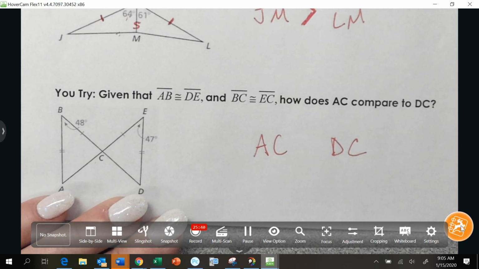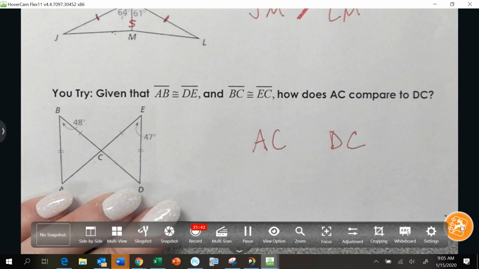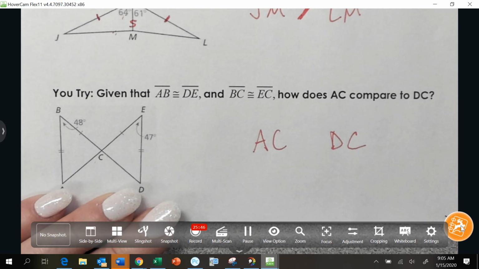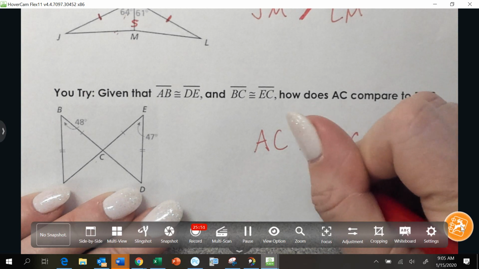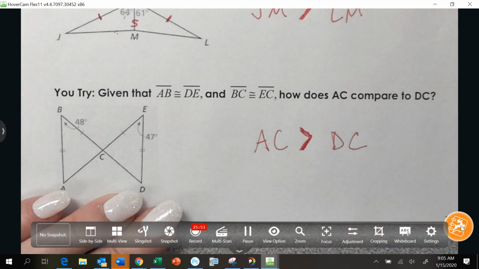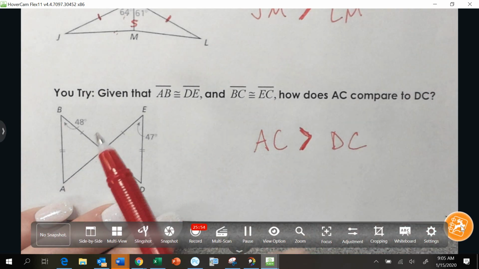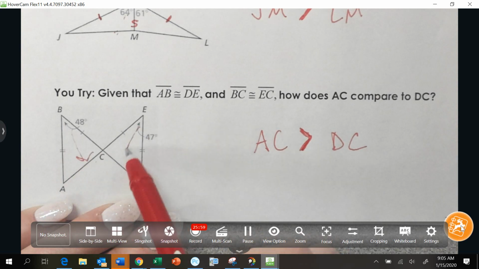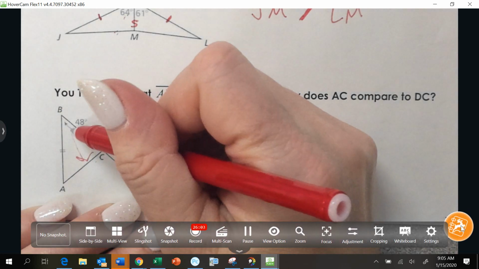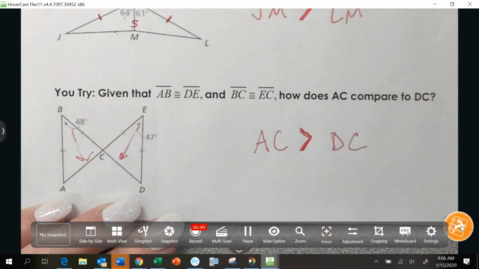AC is greater than DF. Okay, and why? Because the angle measurement of B is 48. Uh-huh. Greater than what is shown on angle E, which is 47. Right. So they're opposite angles. AC has a bigger opposite angle, so it's going to be the bigger side.